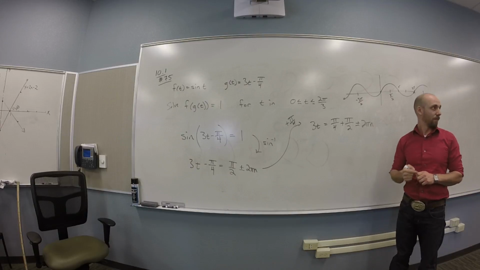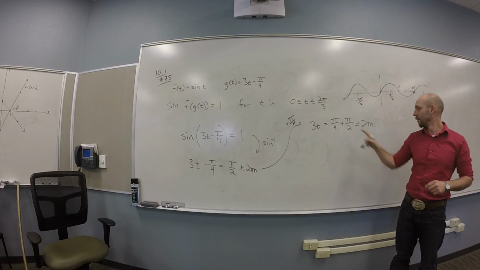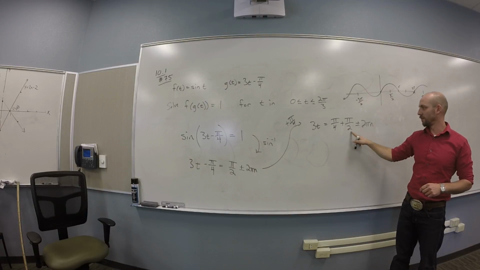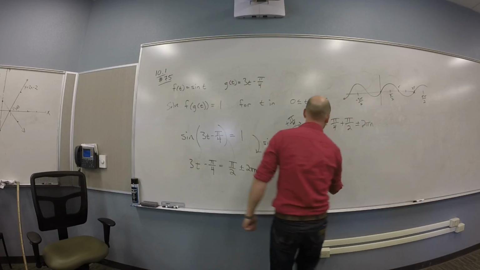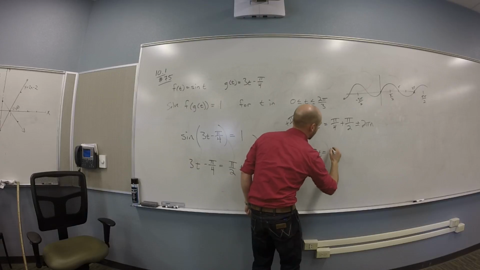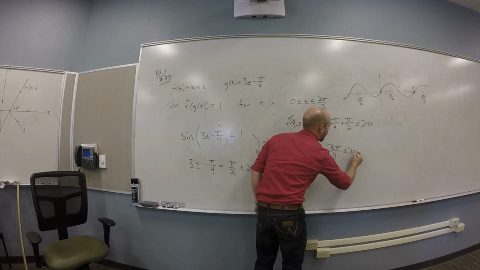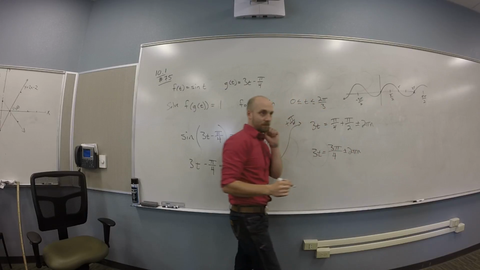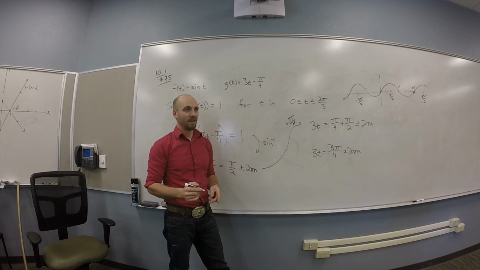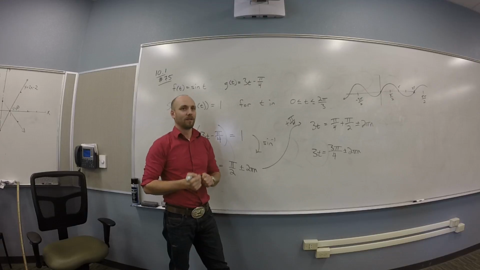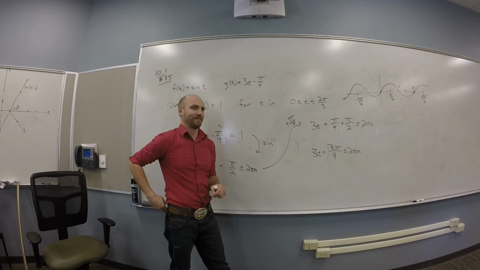How do you condense? Pi over 4 plus pi over 2 is 3 pi over 4. So I got 3t is 3 pi over 4 plus or minus 2 pi n, right? Common bottoms.